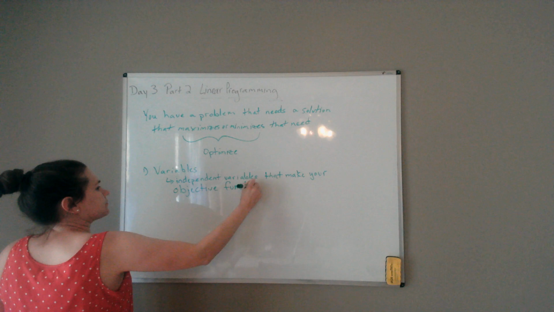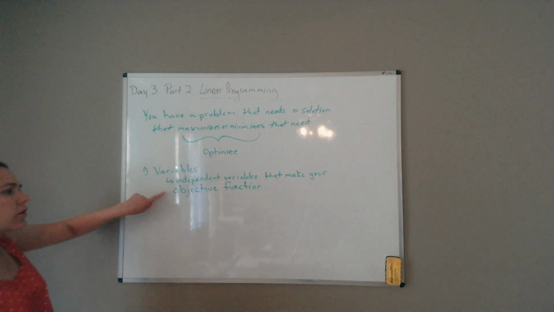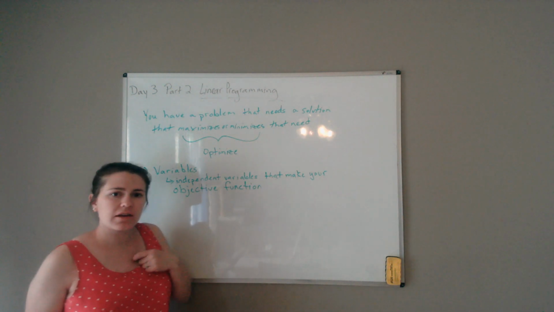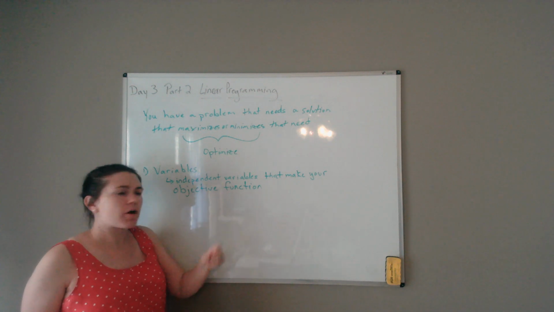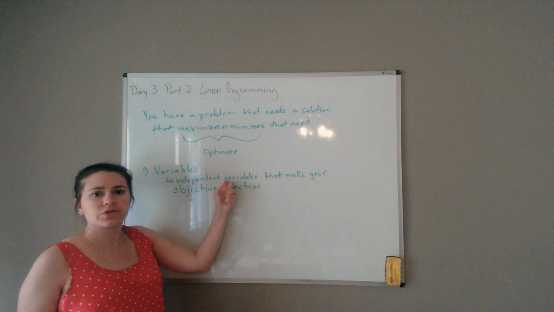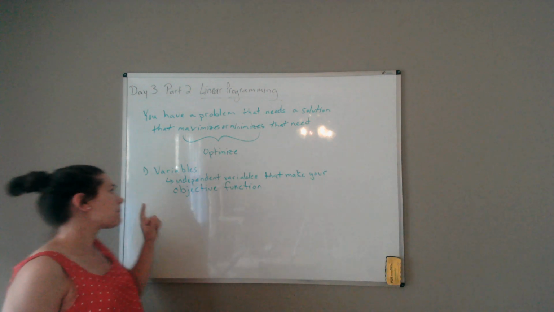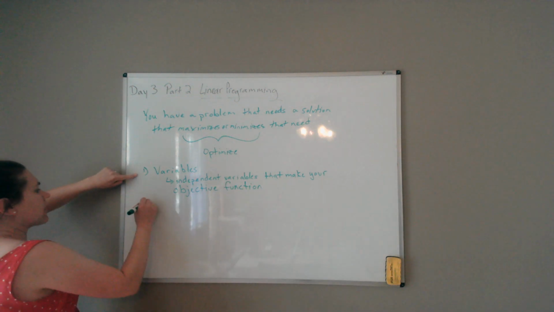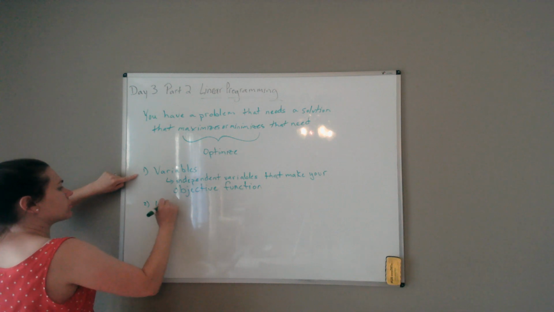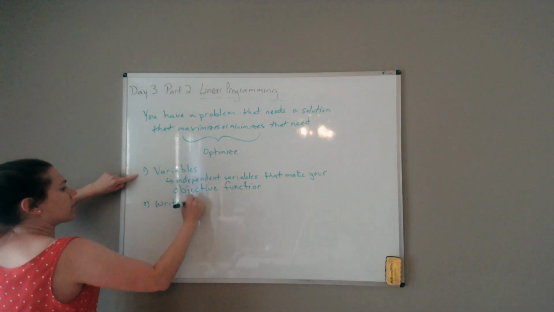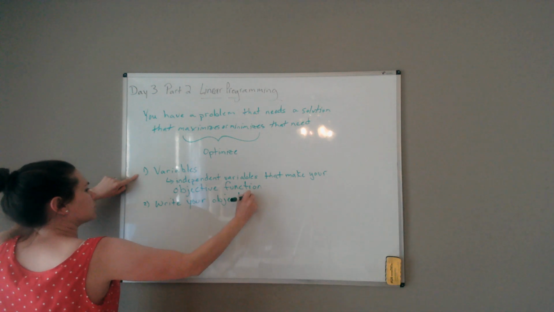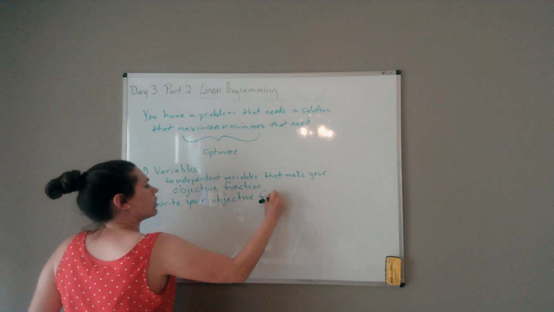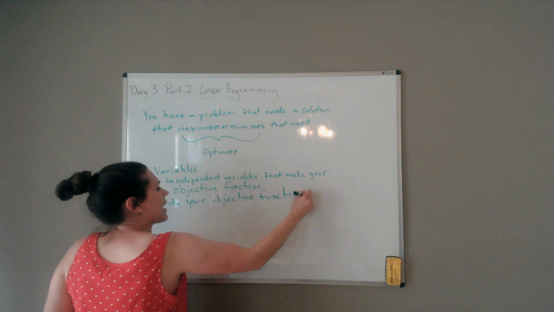So you're going to have an objective, okay? Maximize profit. How are you making money to make a profit? What are you selling? Those are your variables, okay? After you identify your variables, you need to write your objective function. Okay, so let's say we go with that maximize profit.